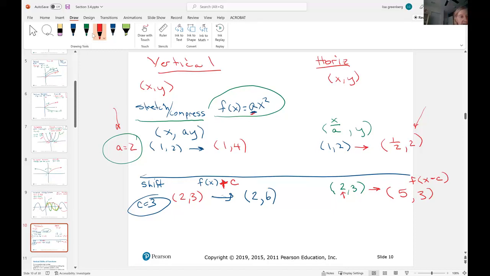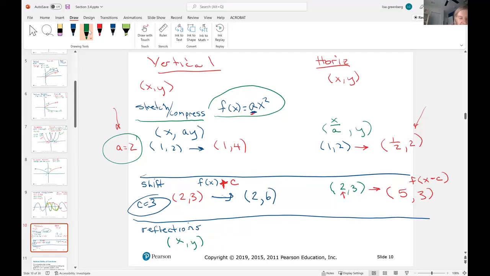Okay, and the reflections are pretty easy. They're just the negatives. So vertically, if I'm reflecting a point and I start with any x comma y, the x's are going to stay the same, but all the y values are going to change to a negative.